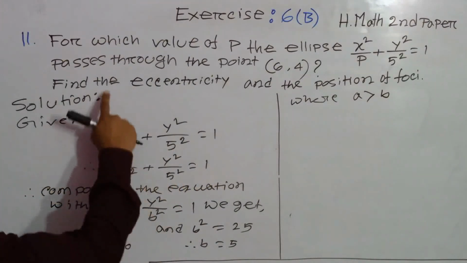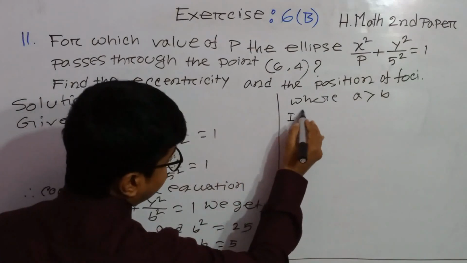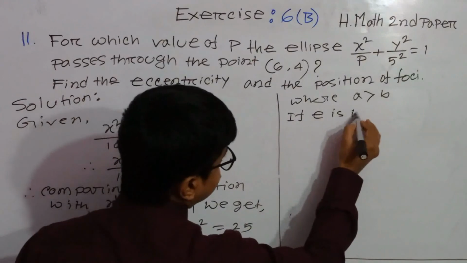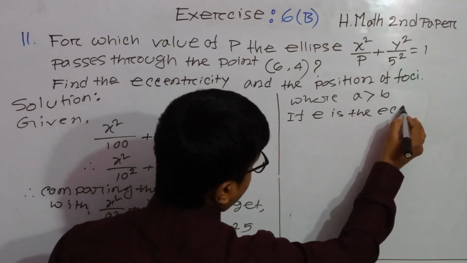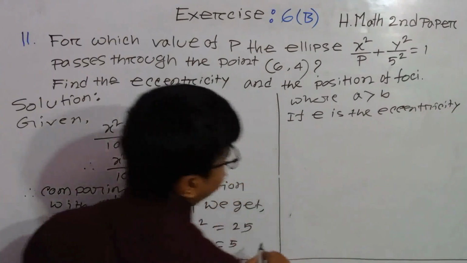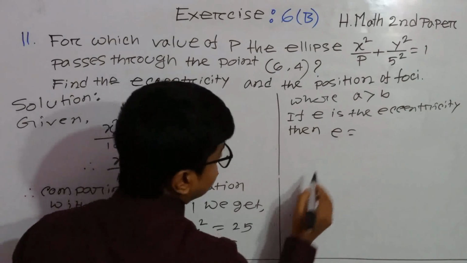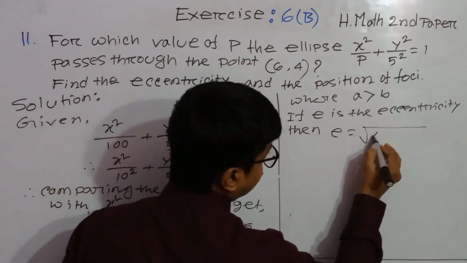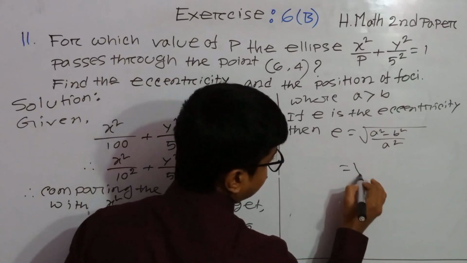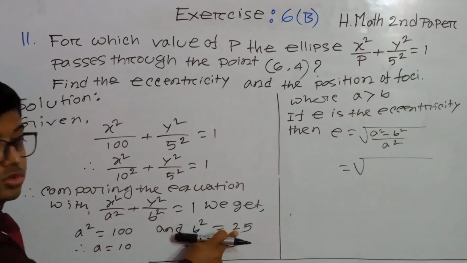Now find out the value of eccentricity. If e is the eccentricity, then e equals root of (a squared minus b squared) by a squared. Look at this, a squared equals 100, b squared equals 25.